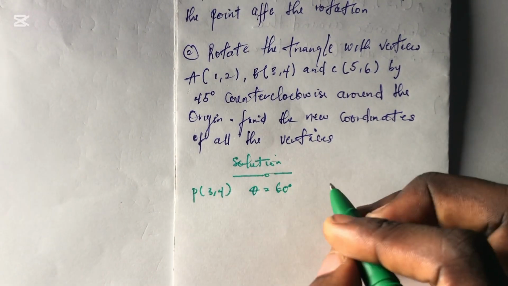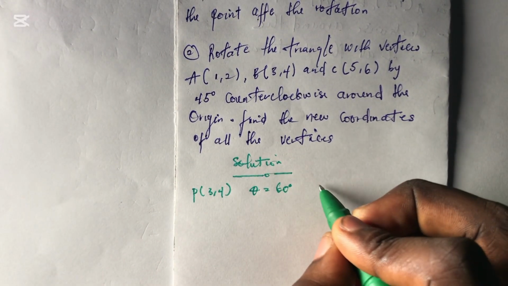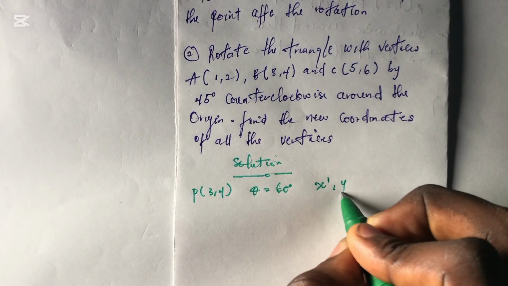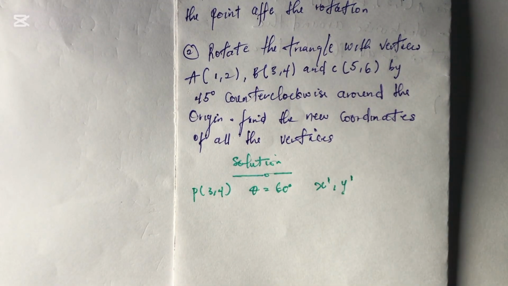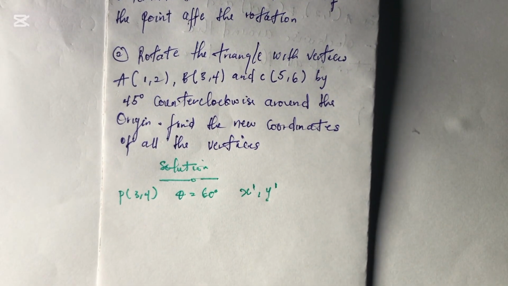We can remember that our new coordinate is going to be x prime and y prime. So how can we get x prime and y prime?